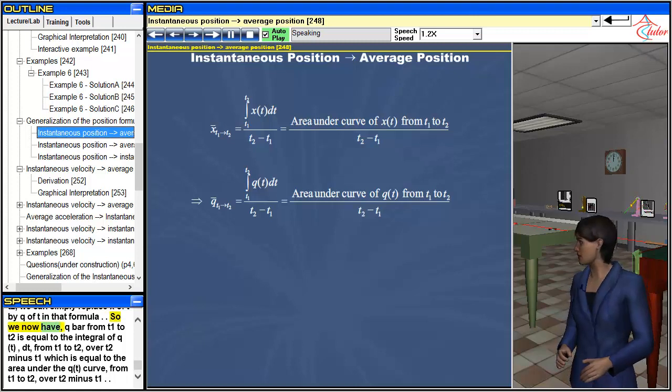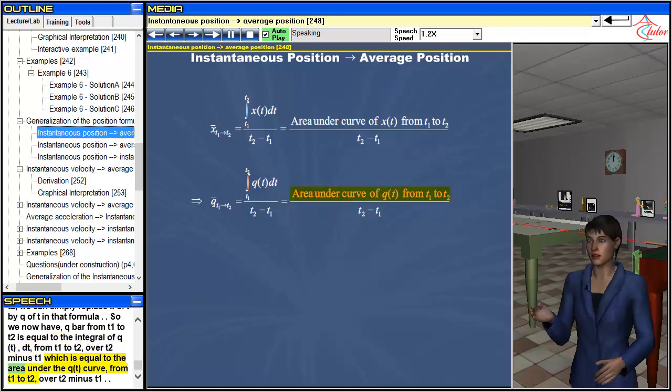So we now have q bar from t1 to t2 is equal to the integral of q of t, dt, from t1 to t2, over t2 minus t1, which is equal to the area under the q of t curve from t1 to t2, over t2 minus t1.